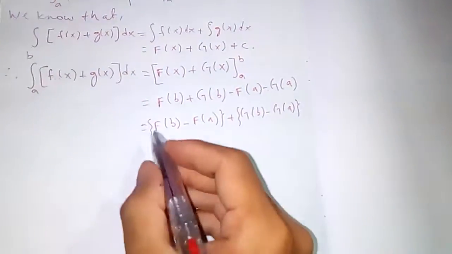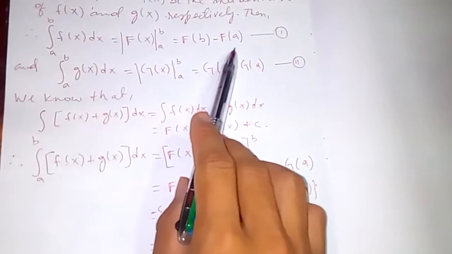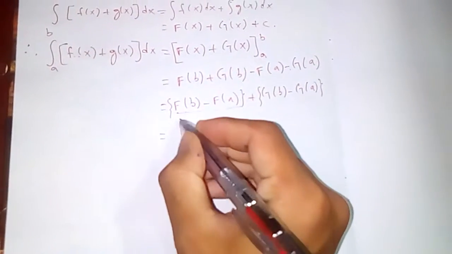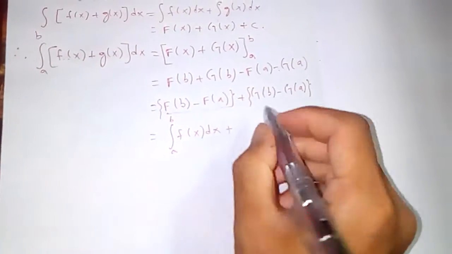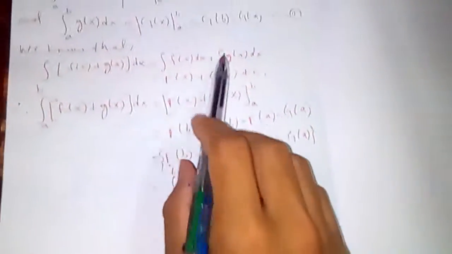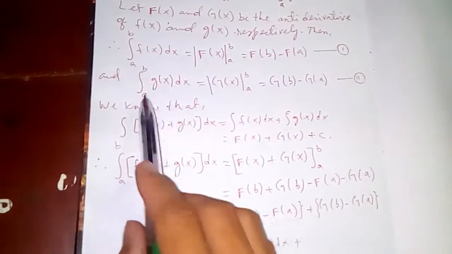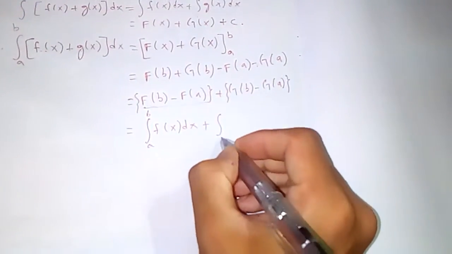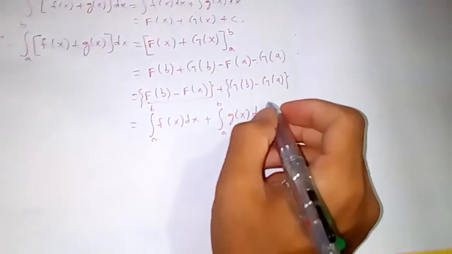Just the same thing, just rearranging. And what is this? This is equal to our equation 1, the integral from a to b of f of x dx, plus G of b minus G of a from equation 2, which is nothing but the integral from a to b of g of x dx.